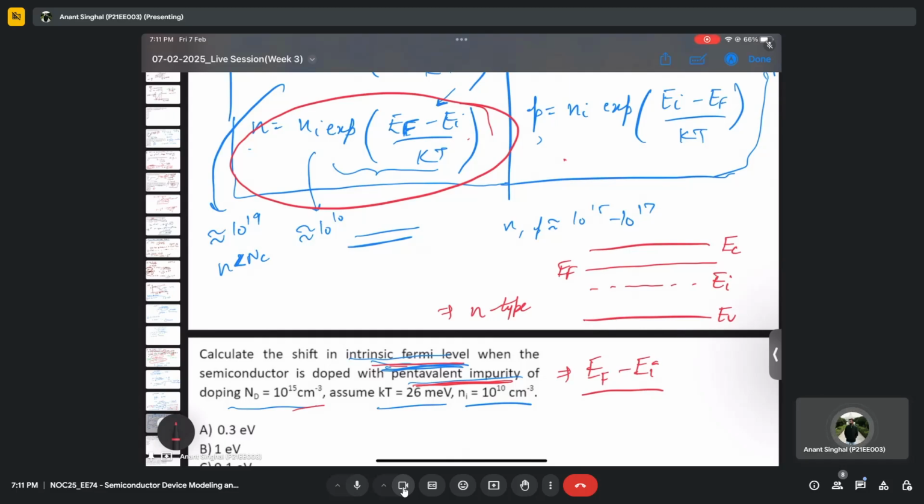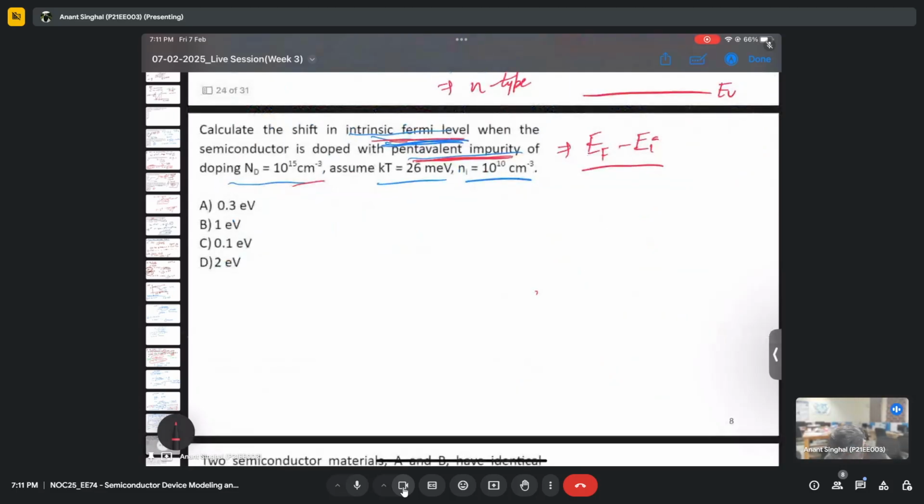Let me try to solve it also. This is quite straightforward. So we know n is 10 to the 15, ni is 10 to the 10, exponential of EF minus EI over KT.